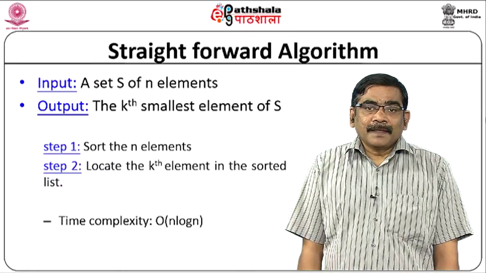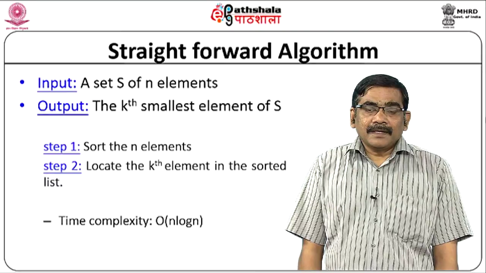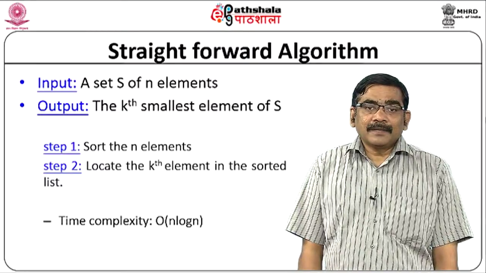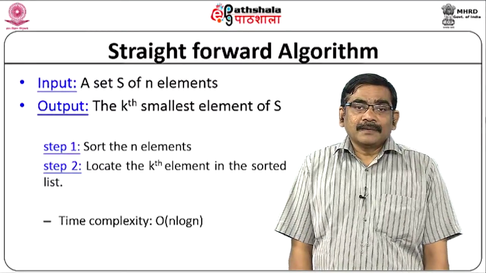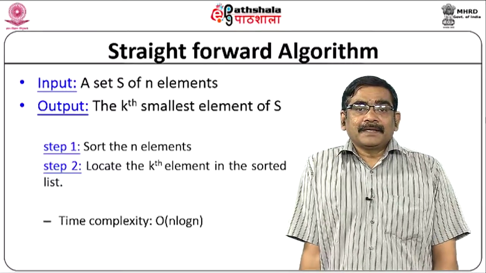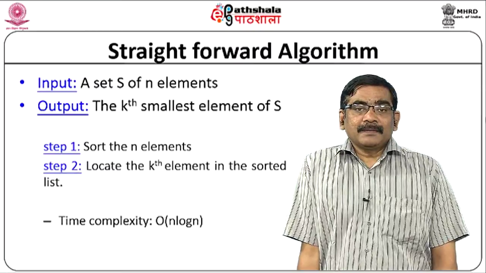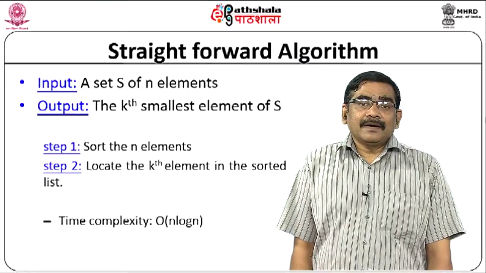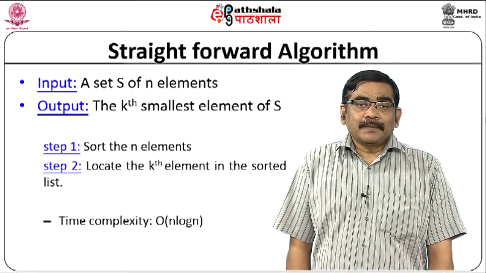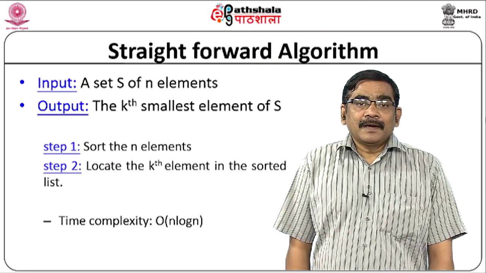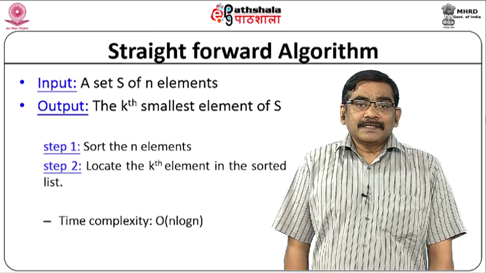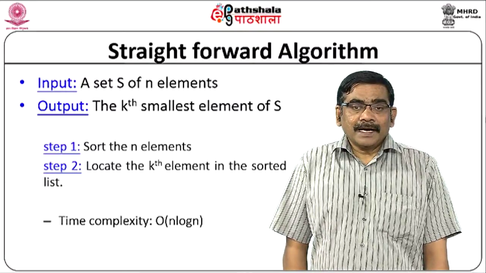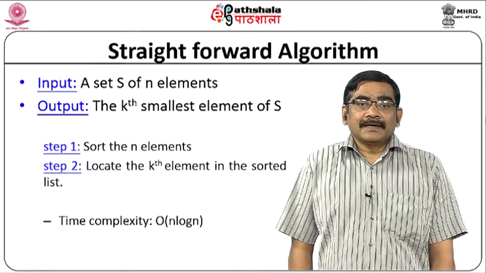That means the complexity becomes large because sorting is a prerequisite for this approach, and after that I have to apply a search to find the kth smallest element. So, the idea is very simple. Is it possible to convert this into a linear order algorithm? That means, is it possible to solve this problem in order of n? This is the requirement, and we have a way to do that, called the selection algorithm.